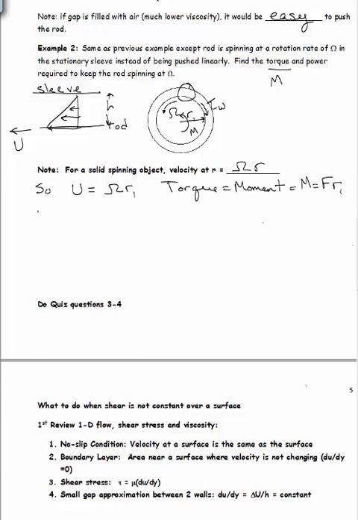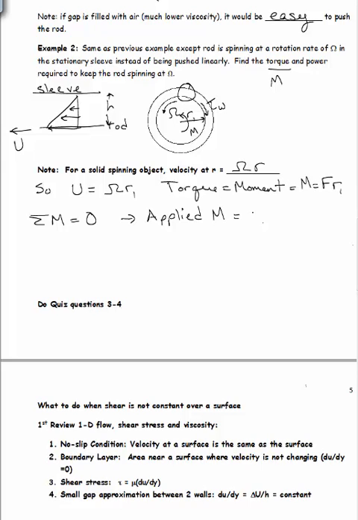Alright, so what we want to do is not sum of the forces equals 0 in this case, but sum of the moments equals 0. Okay, so we have two moments going on. We have this applied torque and that has to counteract our shear stress.